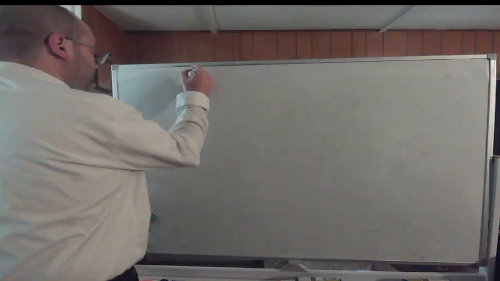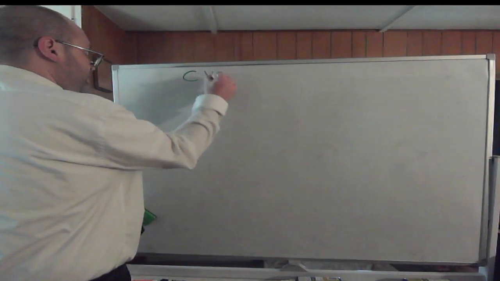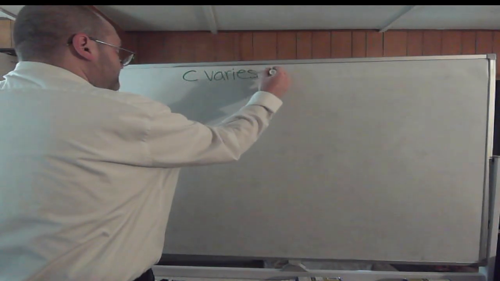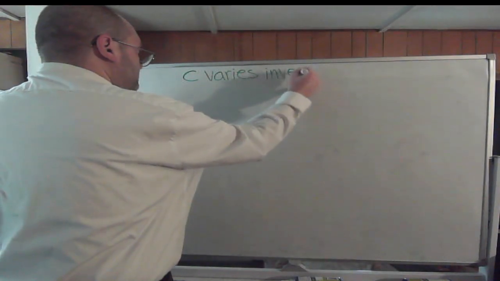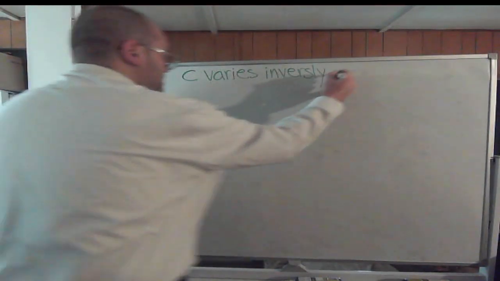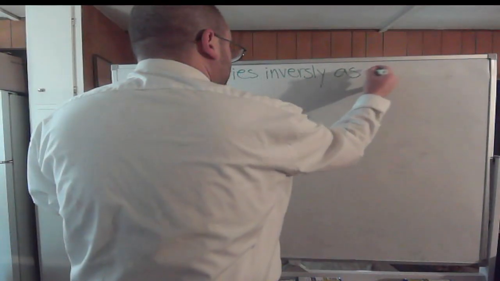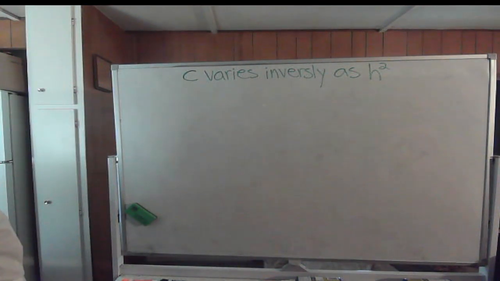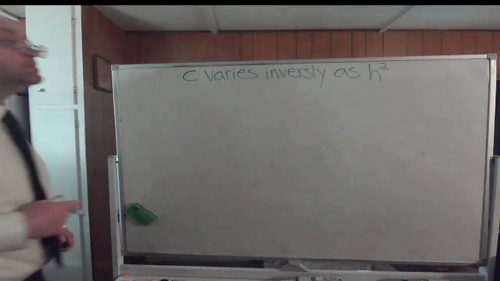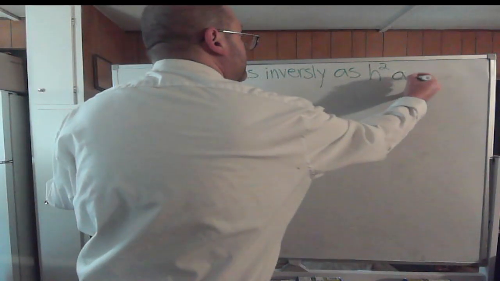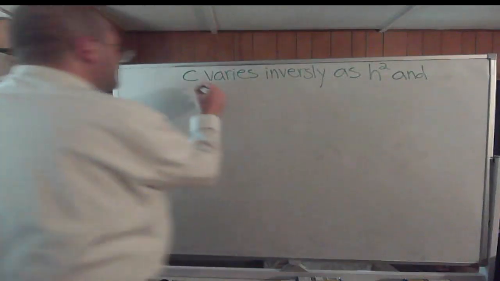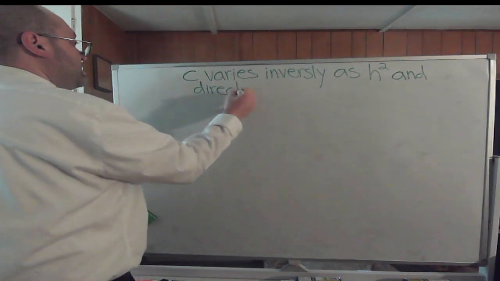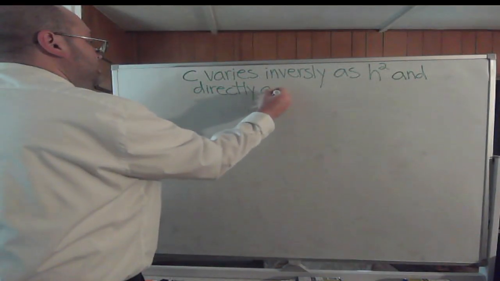Let's see. C varies inversely as h squared and directly as n.